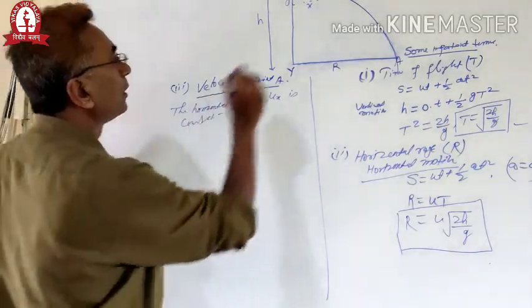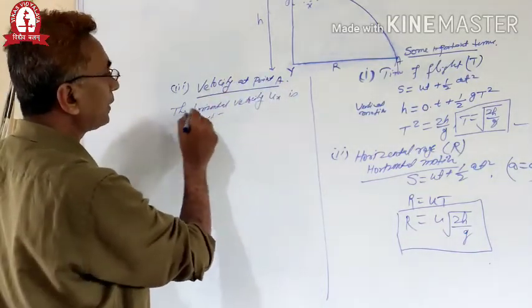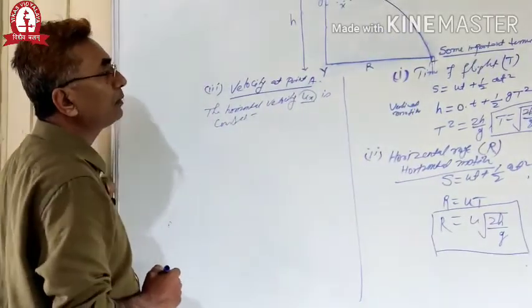So the horizontal velocity is ux. What about the vertical velocity?